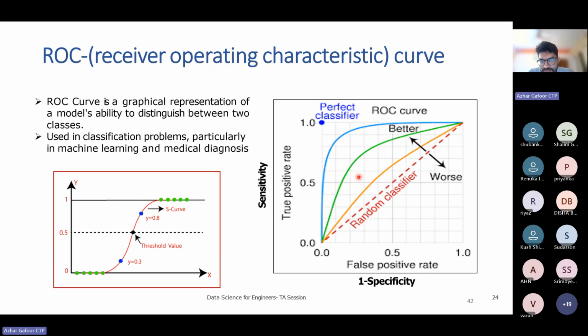So suppose in my data set and my model, I get a single point, and when I plot it in this 0 to 1 range of false positive and true positive, if my point is moving towards the upper left corner, that means I can use my model, or my model is validated. Is it correct?